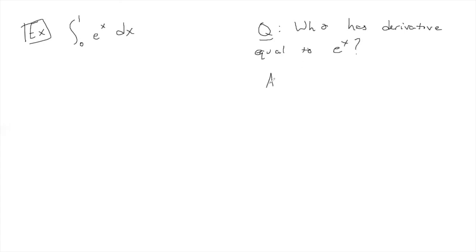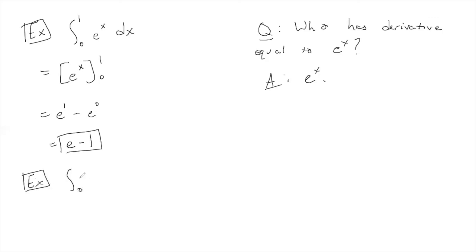And of course the answer is, well, just e to the x, right? This is a nice function, so this integral is e to the x evaluated from 0 to 1. So I get e to the 1 minus e to the 0, which is e minus 1.